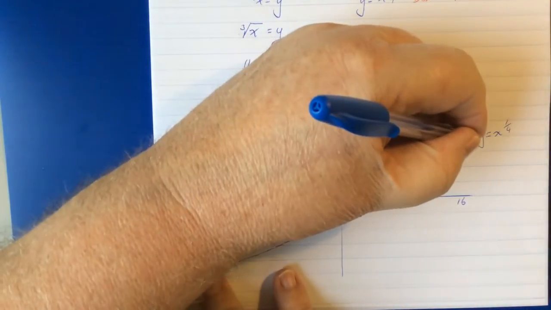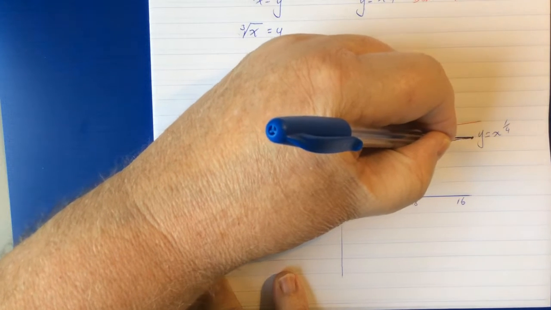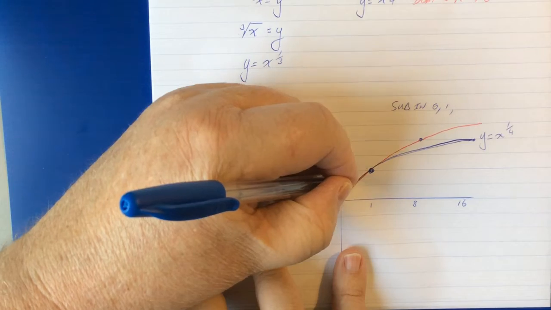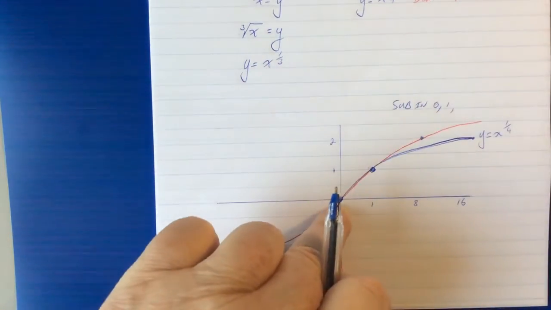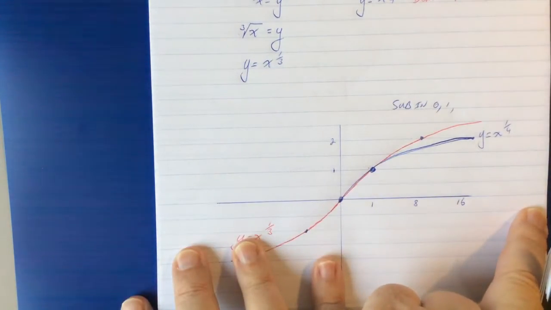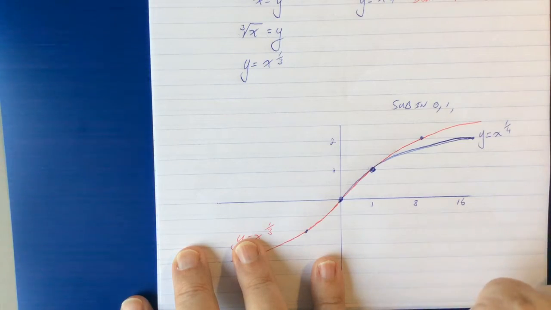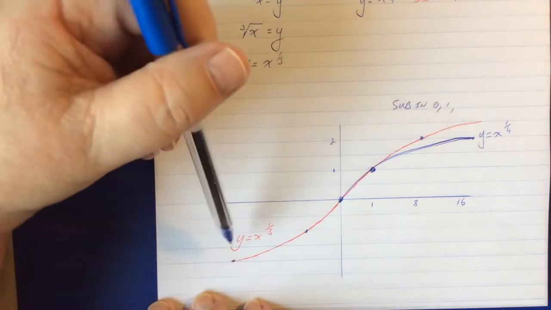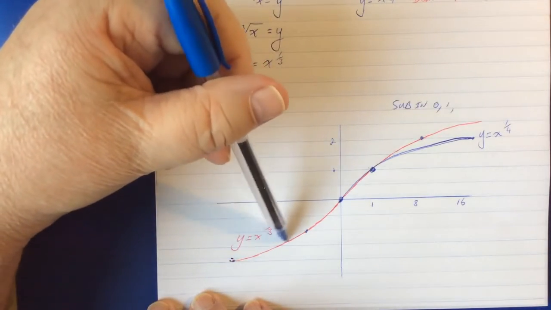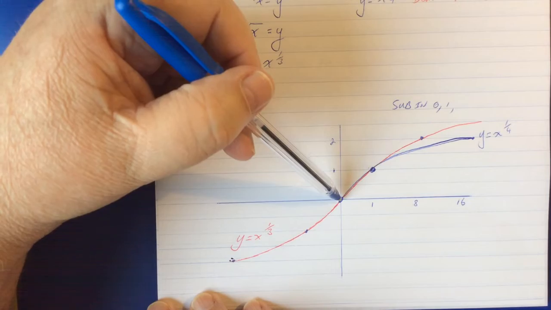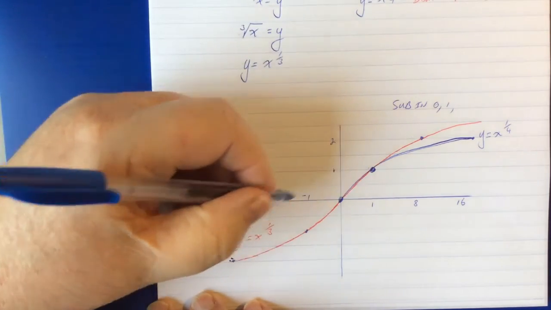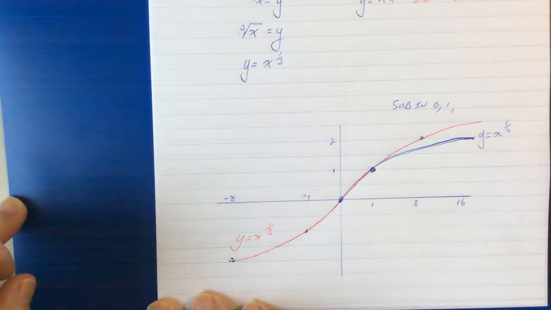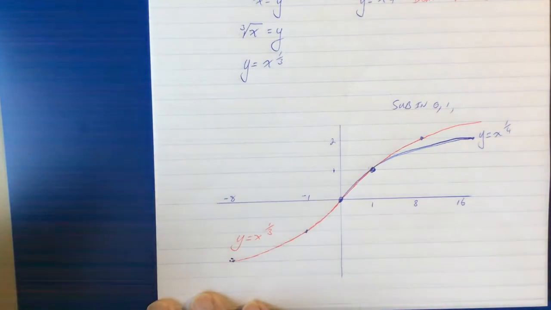Now it's a little hard to see, but this graph here, y equals x to the power of 1/4, only exists from 0 through all the positive real numbers. This graph here, y equals x to the power of 1/3, exists for -1 and obviously -8 and onwards through to negative infinity.